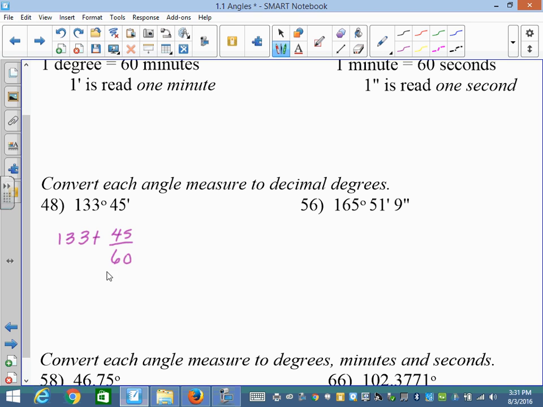And yes, you need to go and reduce this into a decimal, so calculators come in really handy at this time. So 45 divided by 60 gives us 0.75. So this is 133 plus 0.75, or 133.75 degrees.